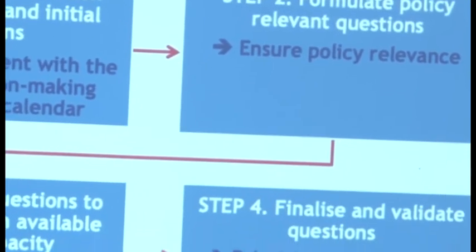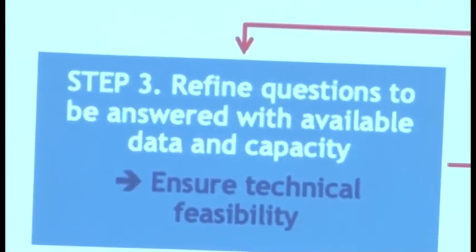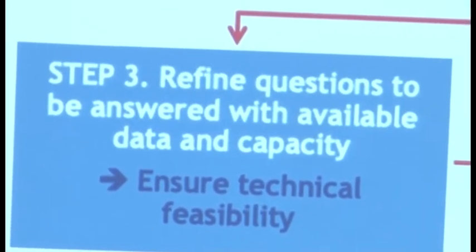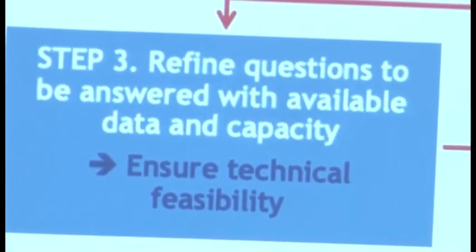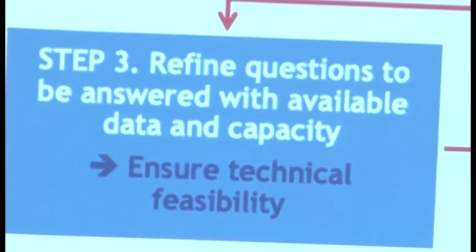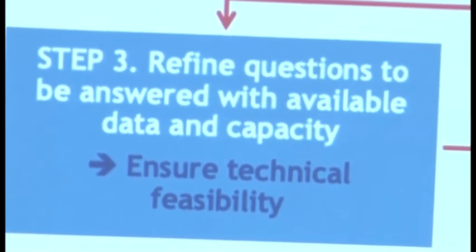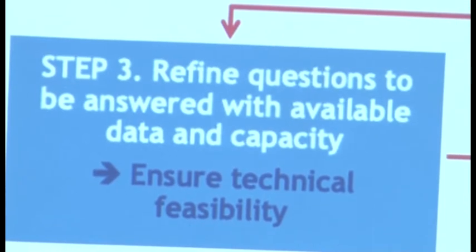The third step is refining questions to be answered with available data and capacity, and ensuring technical feasibility. Now, this is where we shall engage the PAC, the Policy Advisory Committee, to refine the questions and also ensure that, because we have to involve the data analysis unit and the policy units, they have the technical feasibility that we want for the questions to be answered.